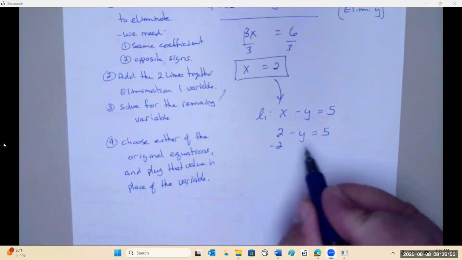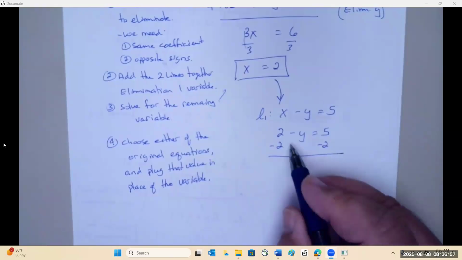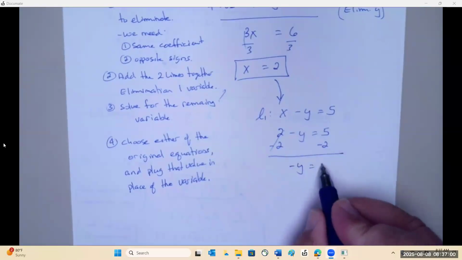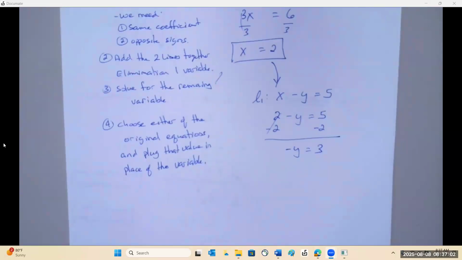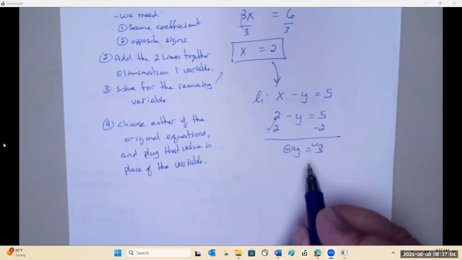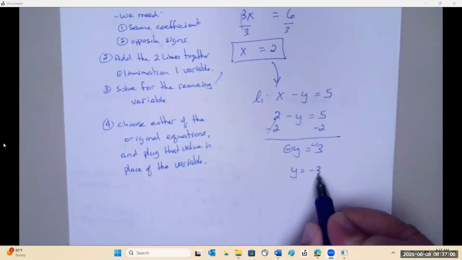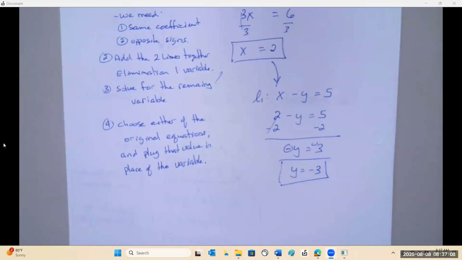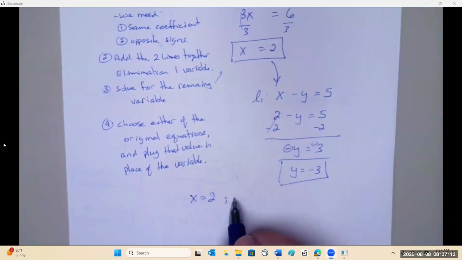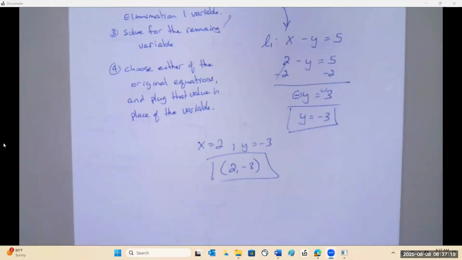Solve for y. So negative y equals 3. Change the signs. So y equals negative 3. And that's your solution. X equals 2, y equals negative 3. So 2, negative 3 is your solution.